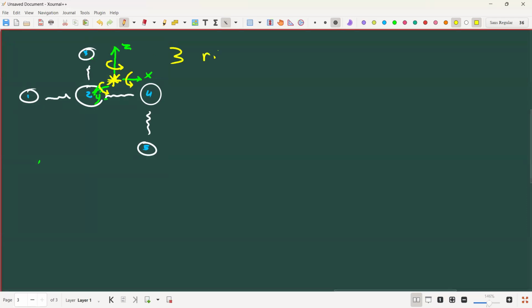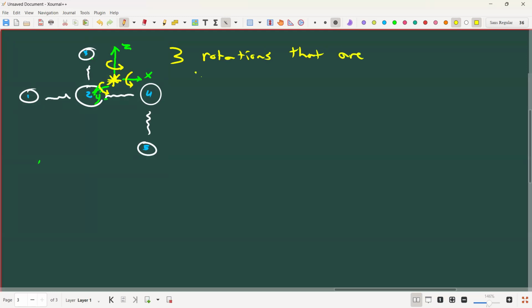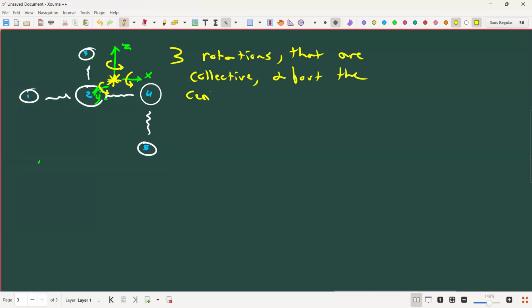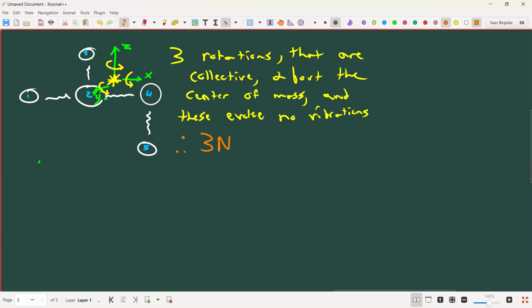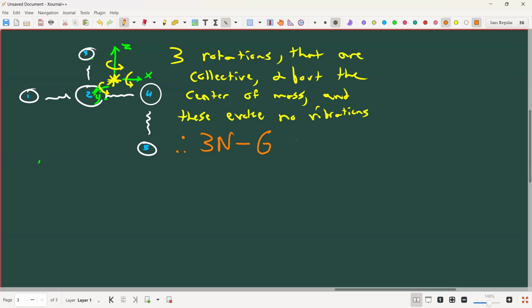So there are 3 collective rotations about the center of mass, and these evoke no structural change, no vibrations. We're just changing our perspective. That's all we're doing. So when you include these, there are 3n minus 6 independent motional dimensions.